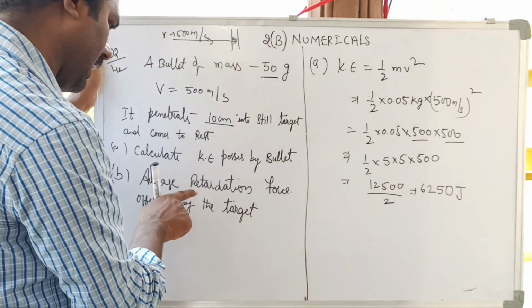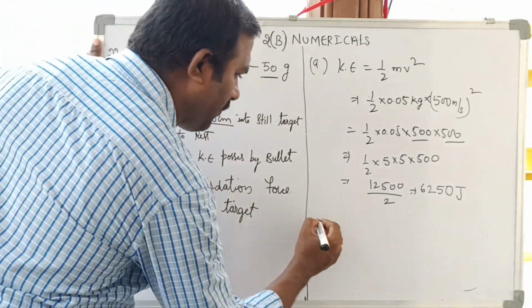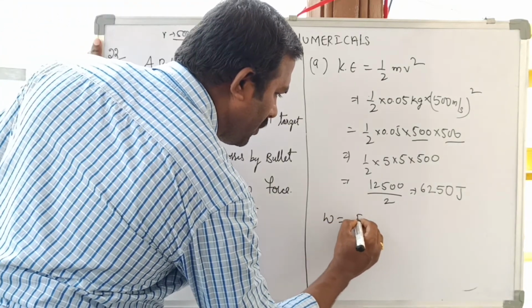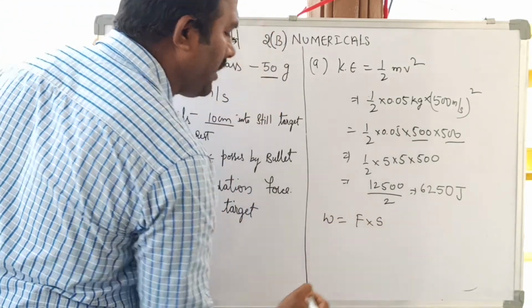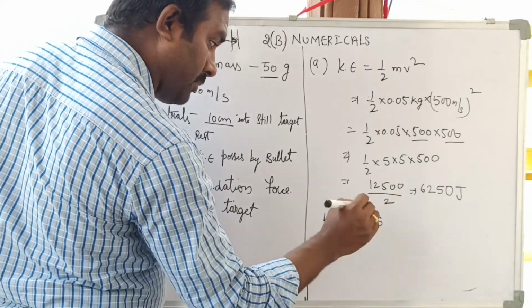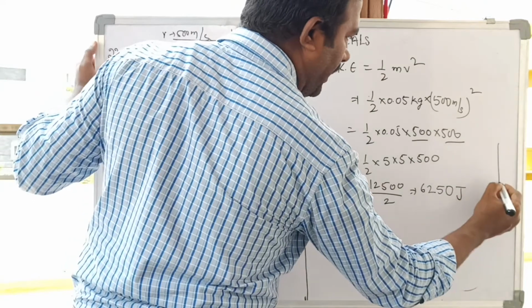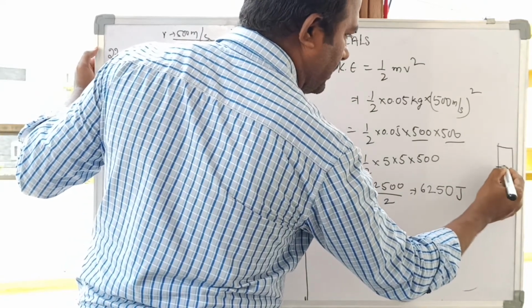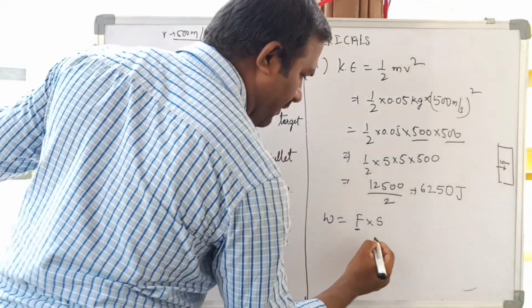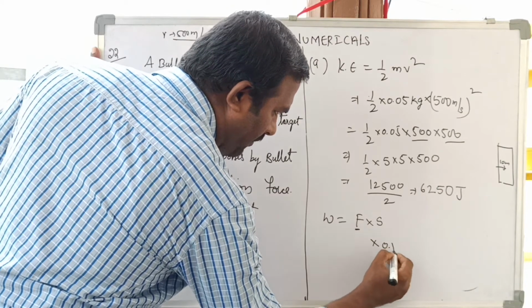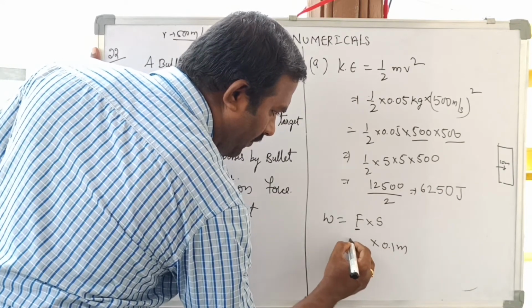And next, the retardation force. Work done is equal to force into displacement. They are asking for the retardation force from the penetration here. The displacement is 10 centimeters, which they have given as 0.1 meter. This is the opposing force.